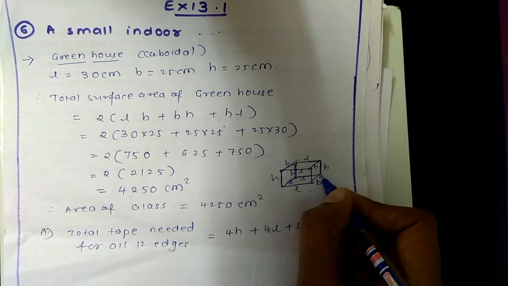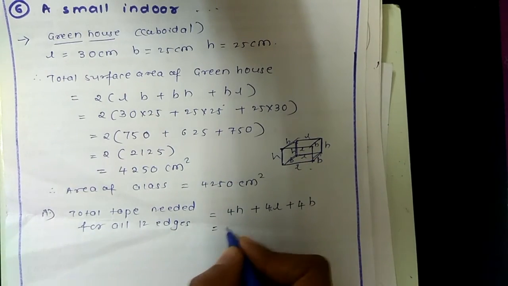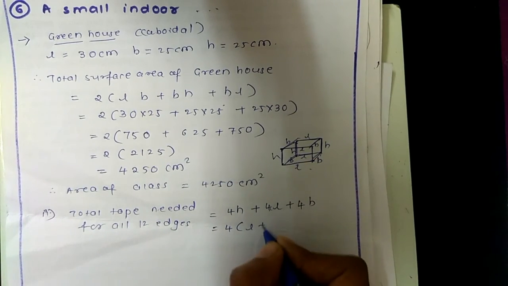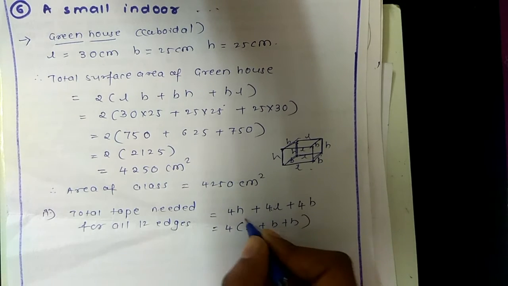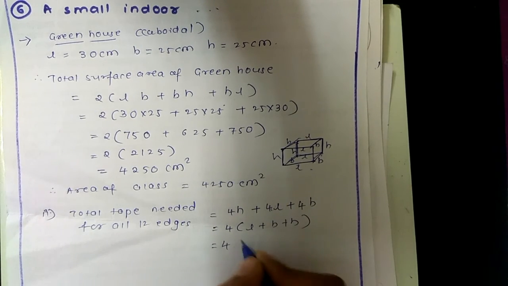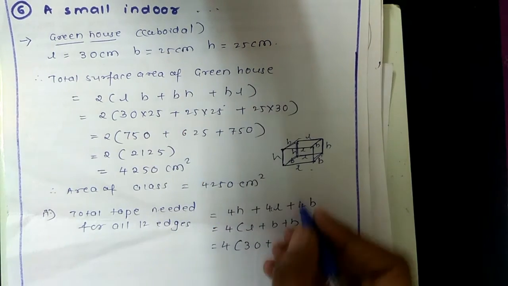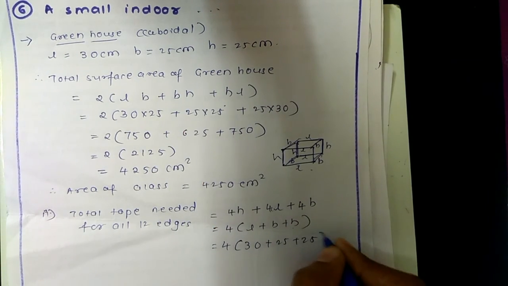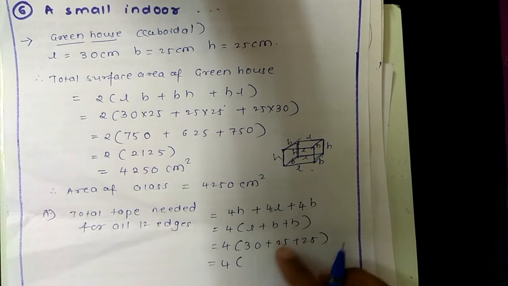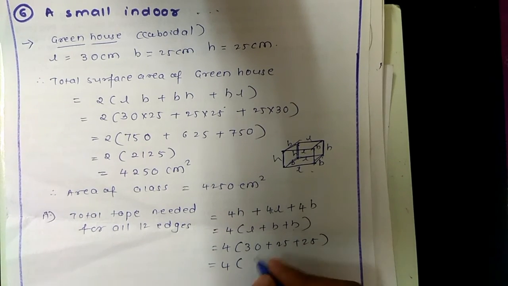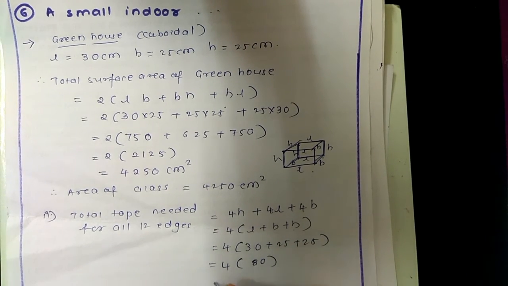So we have to find the length of tape needed. I will take 4 as common, L plus B plus H. Put the values of L, 30, B and H are the same here, 25 plus 25, 50, plus 30 is 80.